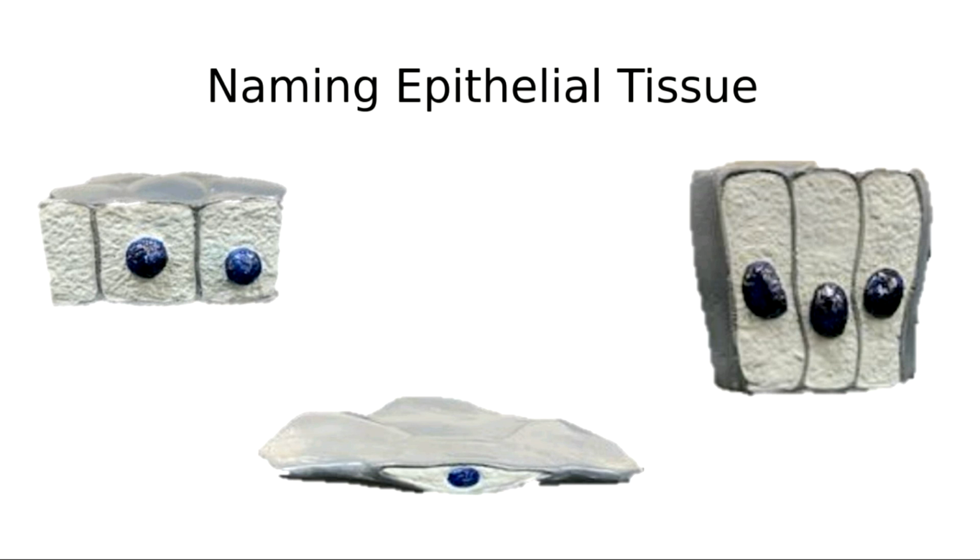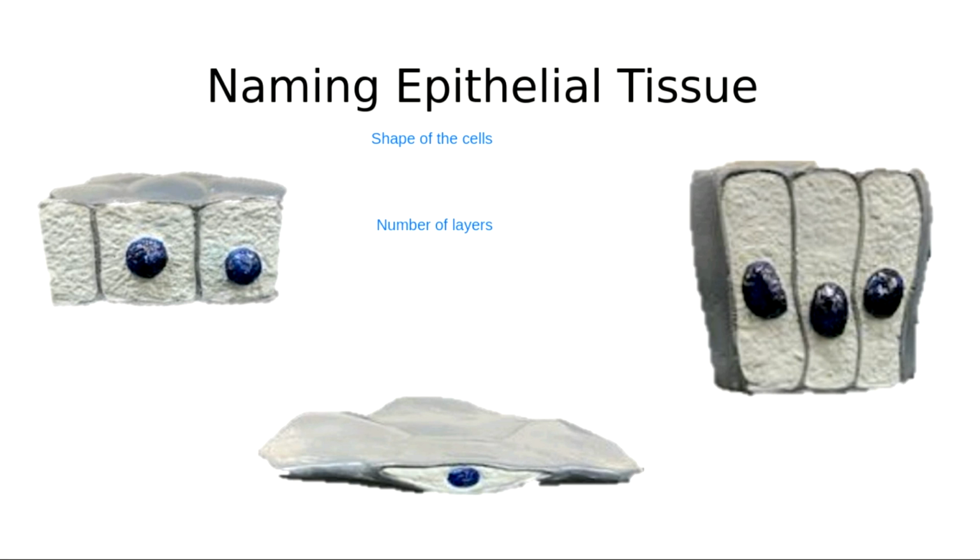Next week, we are going to be focusing in lab a lot on epithelial tissue and also on connective tissue. When we're talking about epithelial tissue, there are two parts to its name. The two parts to the name of epithelial tissue are the shape of the cells, as well as the number of layers of cells.